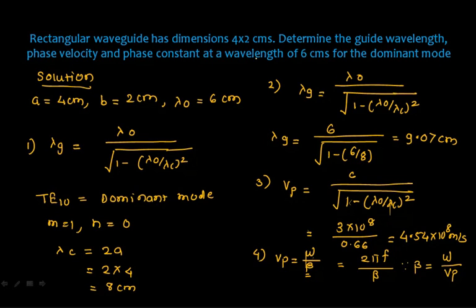So here I'll just put f0 is equal to c by lambda 0. So what is the c?